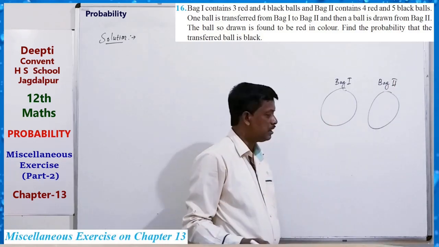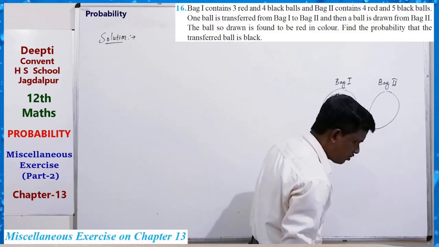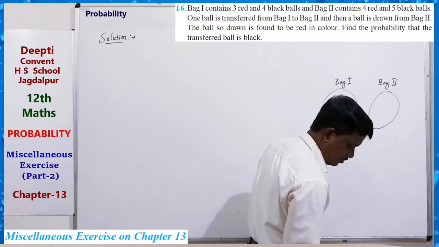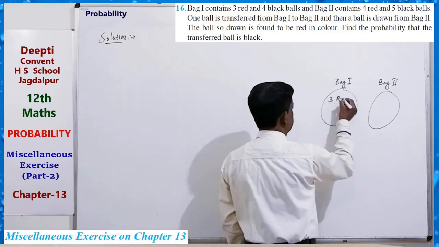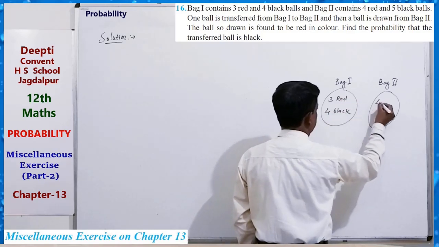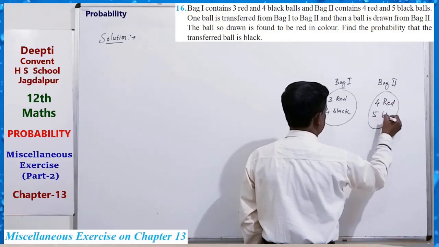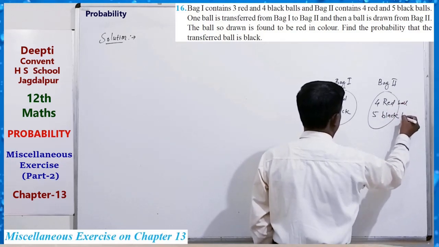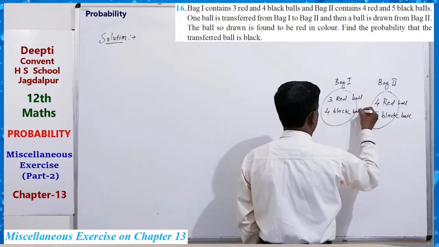Here, what is given? 3, 4, 4, 5. So bag 1 has 3 red, 4 black, and bag 2 has 4 red, 5 black balls.